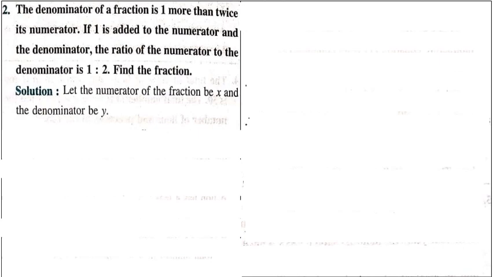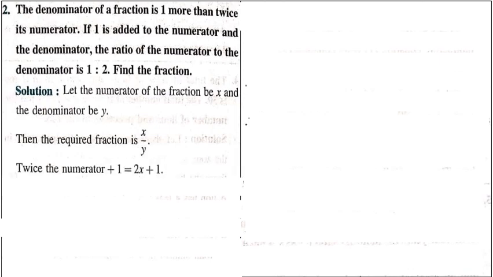Therefore, solution: let the numerator of the fraction be x and denominator be y. Then the required fraction is x upon y. Twice the numerator plus 1 will be 2x plus 1.